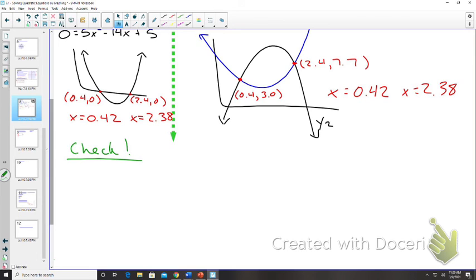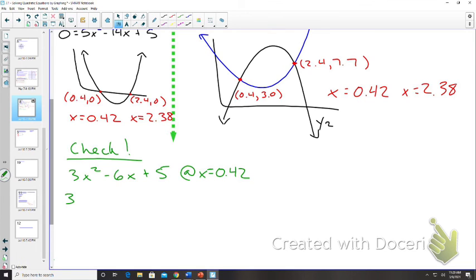Our one function is 3x squared minus 6x plus 5 at x equals 0.42. We just substitute in x for every x that we see.